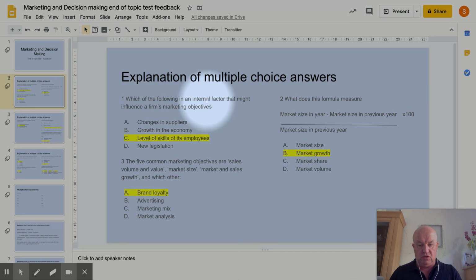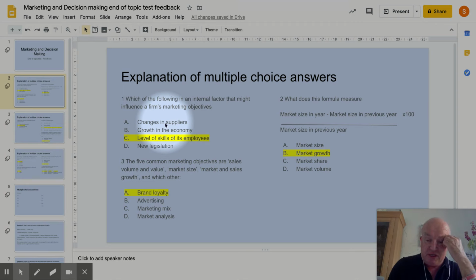Well, if it's internal, it must be something within the business. That really is the key thing that you need to be looking at, the internal factor. A change in suppliers is an external factor. You can't predict what's happening as far as suppliers changing. The growth of the economy is something that you have no control over.